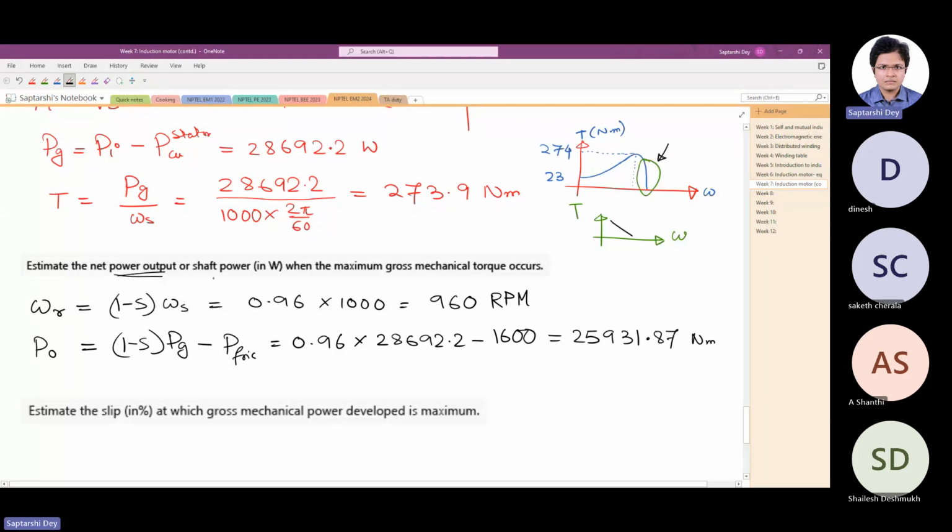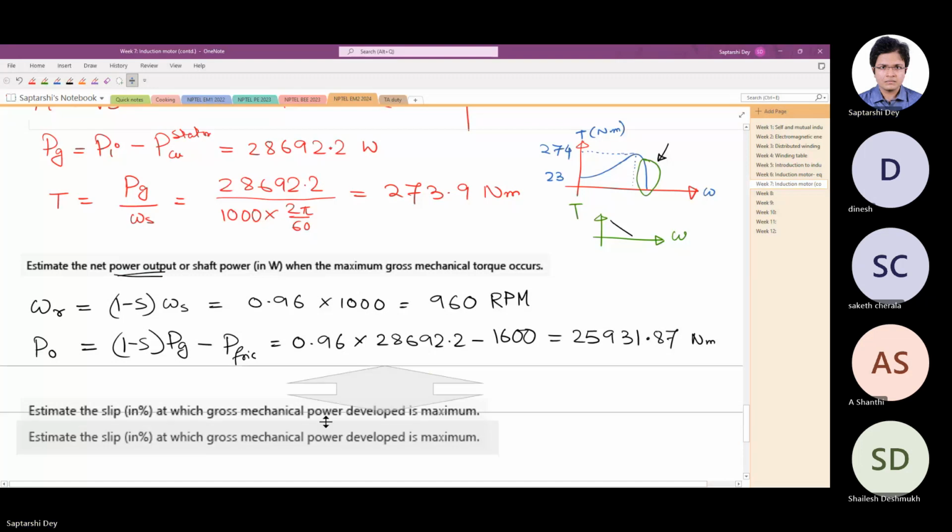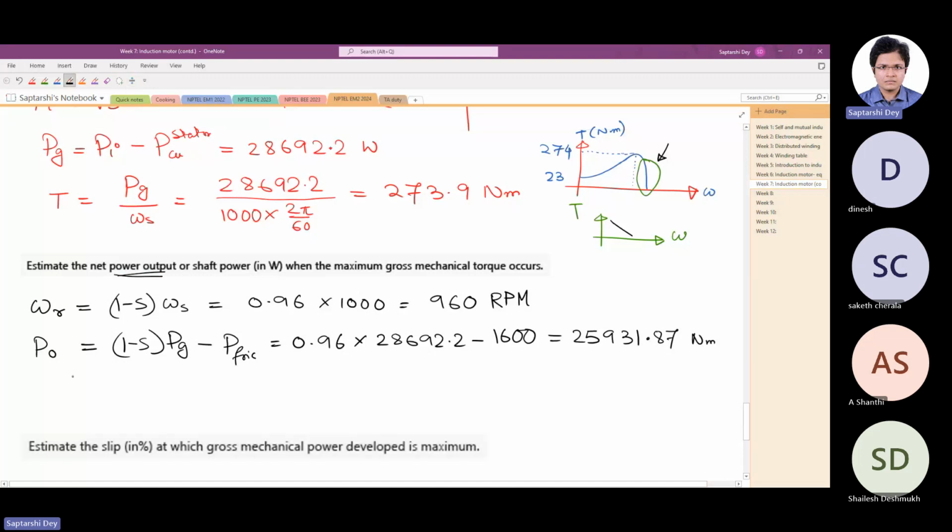So this is the power output. You can do it in this way also. Since we know the speed at this point and the torque at this point, this can also be found out as the torque 273.9 times the speed, 960 rpm converted to radian per second. This should also give this.